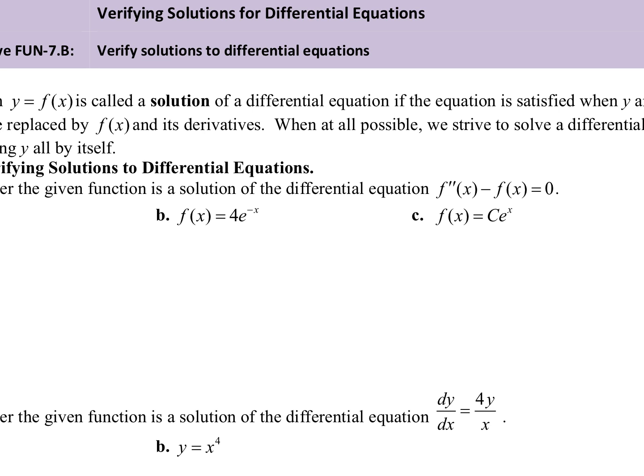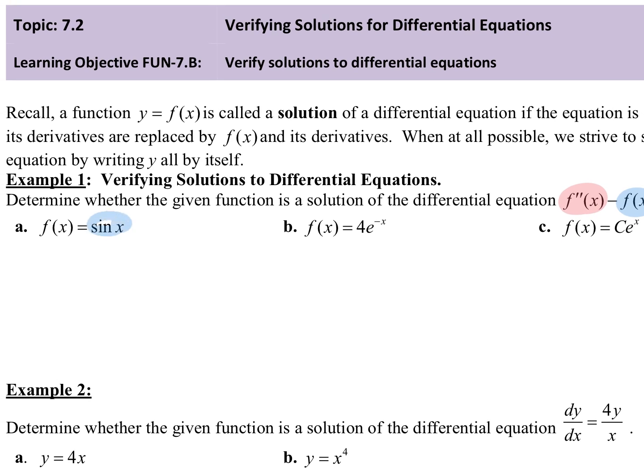Okay? So this piece right here is my second derivative, and this piece right here is my f of x function. All three of the things that were given here, a, b, and c, those are all what? First derivative, second derivative, or just f of x? So those are all f of x, right? So we're literally going to plug these things into that equation in a little bit, okay?